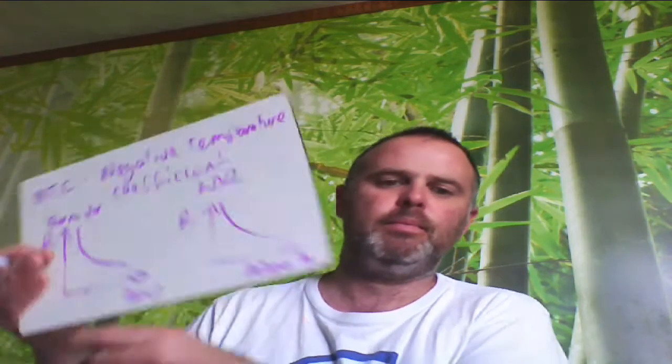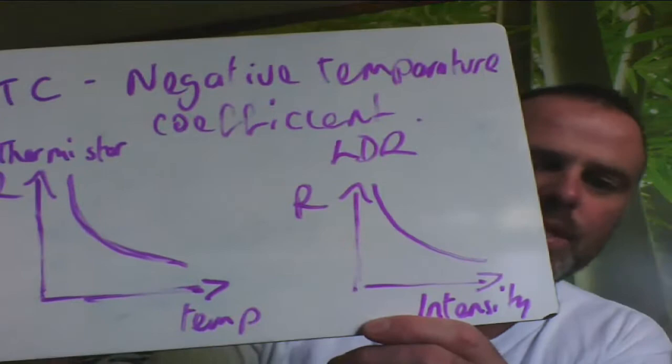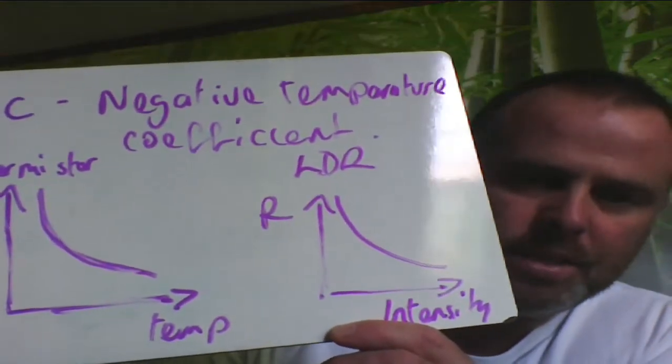This is a thermistor. Light dependent resistor, LDR. As light intensity increases, resistance will decrease in a similar way. Similar relationship for light dependent resistor, which we'll have a look at in an experiment quickly now.